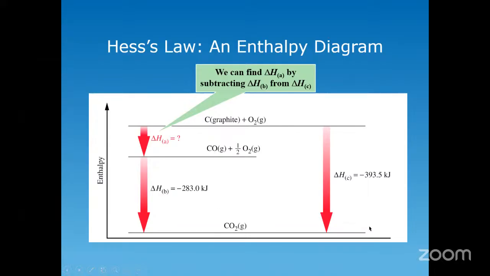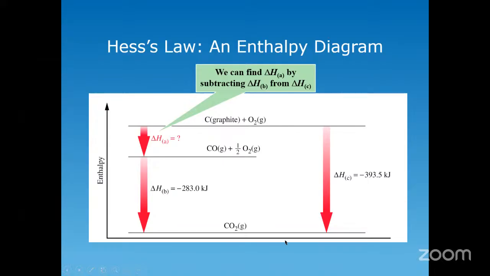So based on Hess's law, we can say that the enthalpy change here for the reaction producing carbon monoxide would be added to this value here, which is the value of going from CO to CO2. That sum would be equal to the enthalpy change going directly from carbon to carbon dioxide. And this value is known, can be measured experimentally, and this value is known as well.